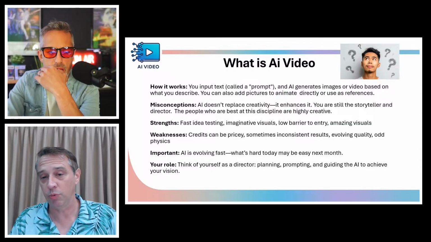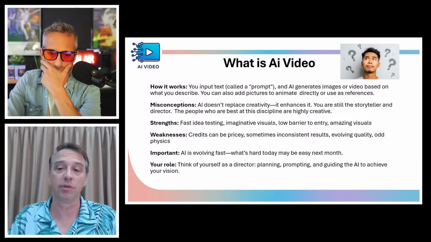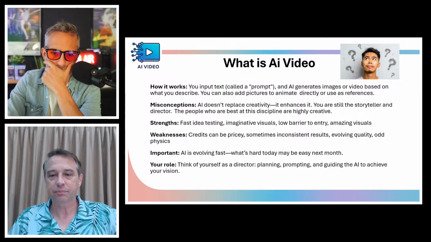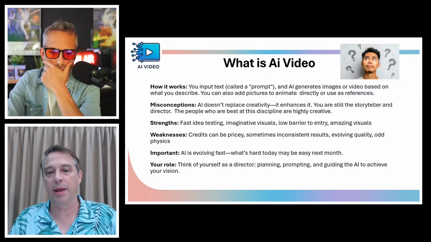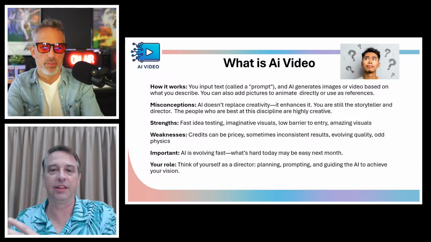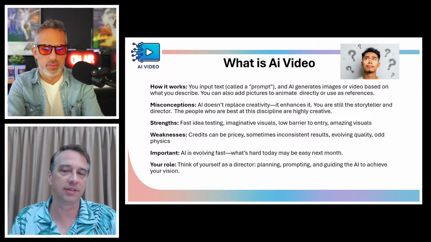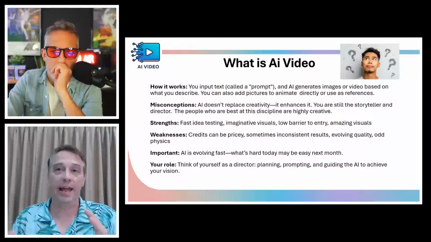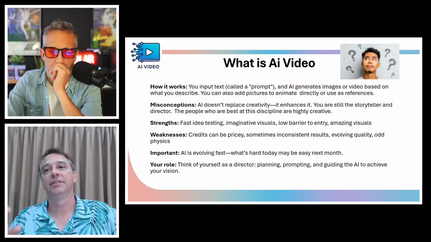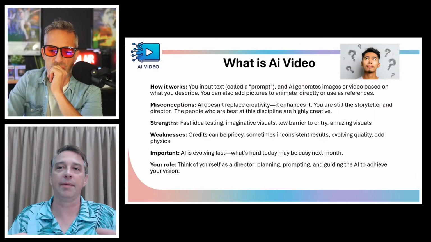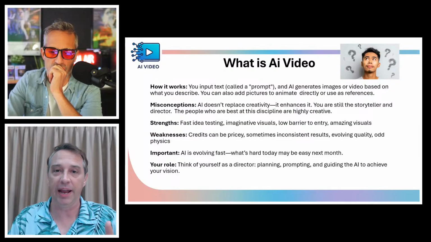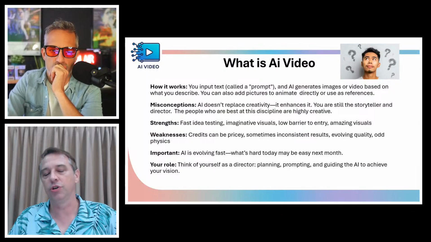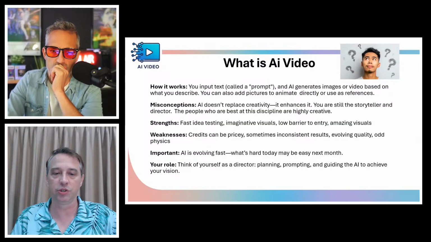Now, it may not be what you want, but we'll talk about how to get better results later. You can also add pictures into the video process. So it's not just text, right? You can also say, hey, I want this woman to be doing this thing, or animate this character on a bike, make them ride the bike. So you can use images as well.